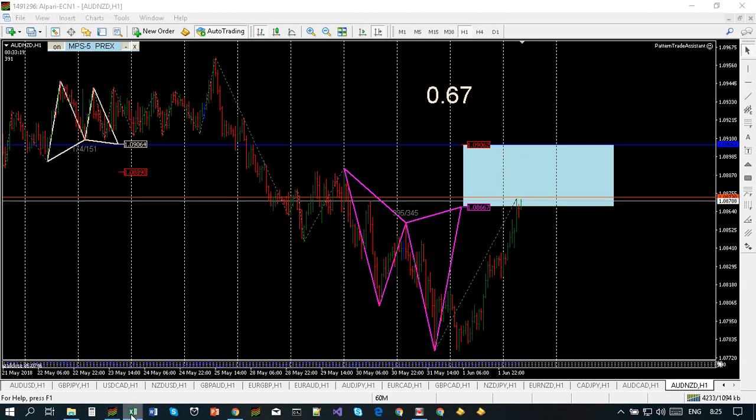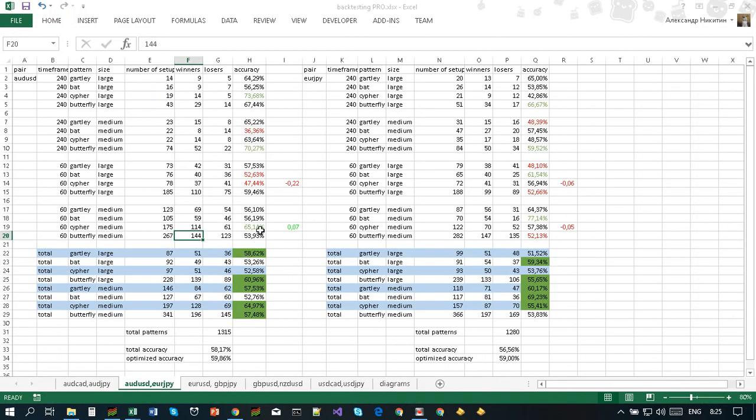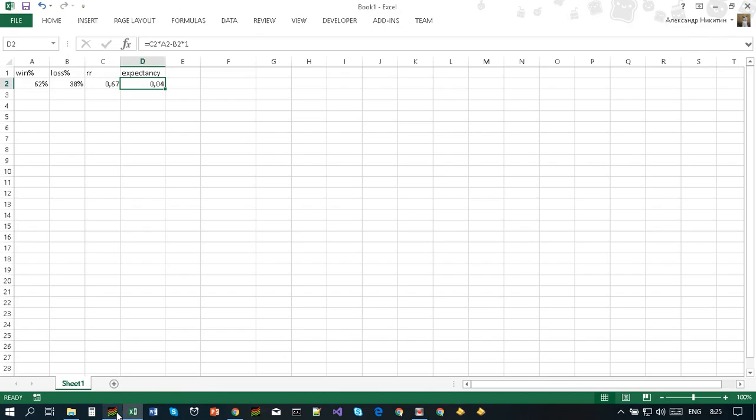So if you remember my backtesting results here, backtesting pro, yes, there is a very large scope of that variety. Some of them 47, 60, they are very different. They are not stable, they are not consistent results.